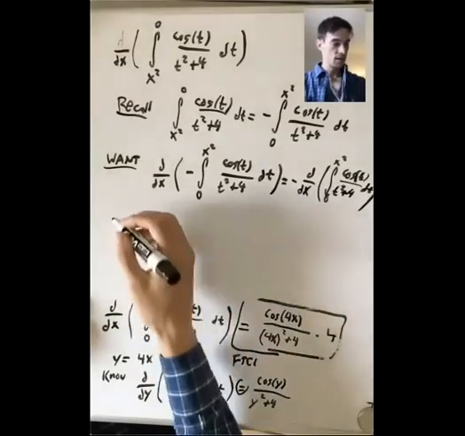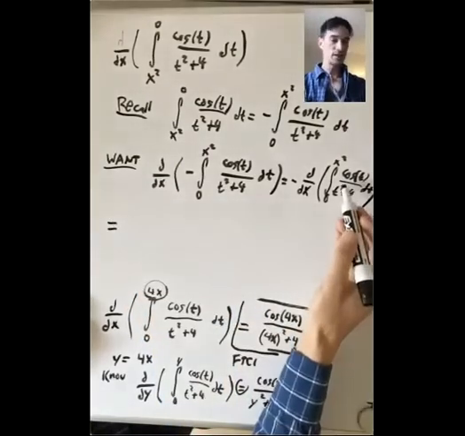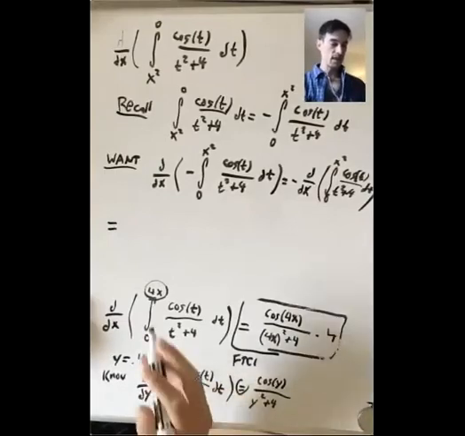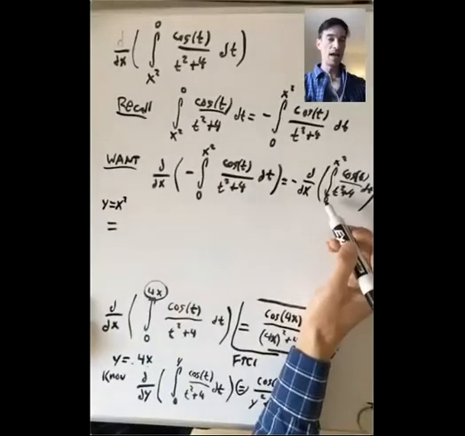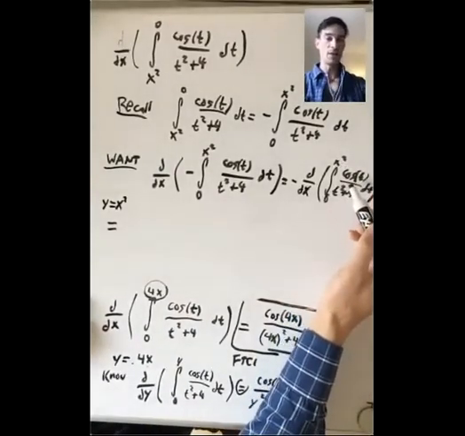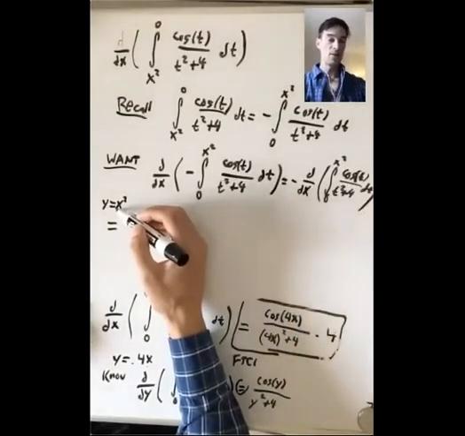And what is that? Now this is just like what we did before. If you let y equal x squared, we know d dy of this integral from 0 to y is just this function evaluated at y. Then we have to include an extra factor of dy dx.